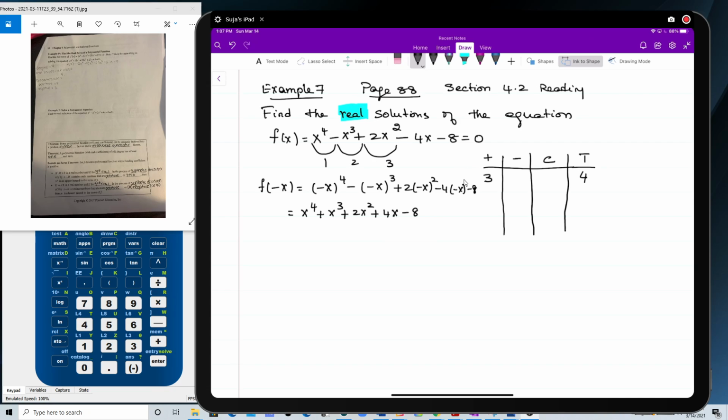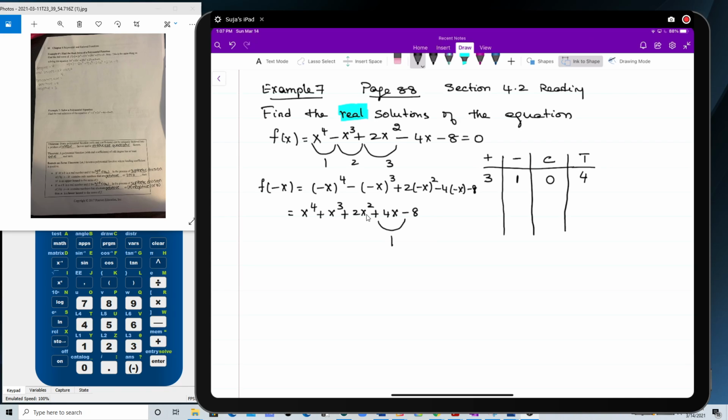So one of the possibilities is that I can have 3 positive zeros. Then I'm finding the value of f of negative x, and I'm seeing just one sign change here. So this is telling me that I can have 1 negative zero. In that case, the first combination will have 0 complex zeros.